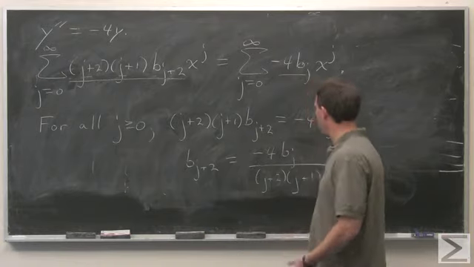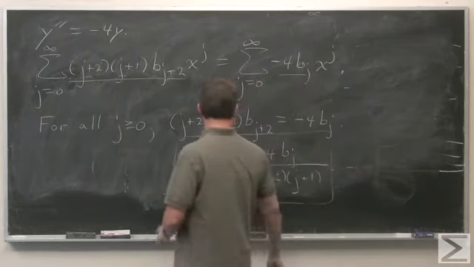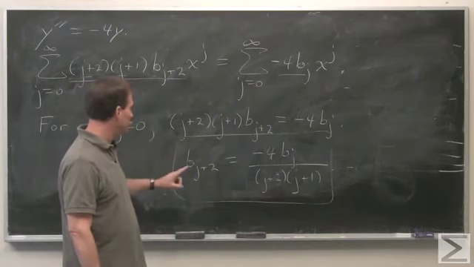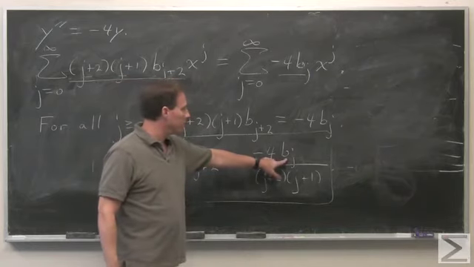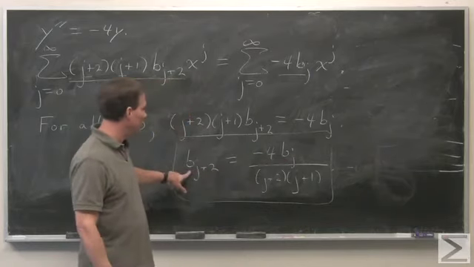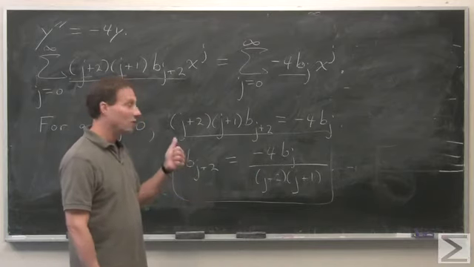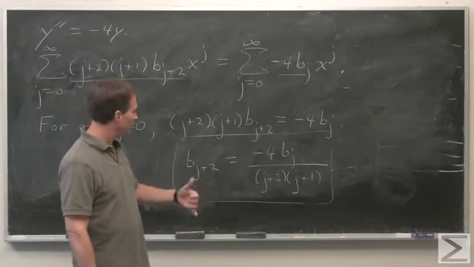All right, and that's it. Now, we don't know b sub 0 and we don't know b sub 1, but what this tells us is that every time you know a coefficient, you know the coefficient 2 bigger than that. So if we know b sub 0, we know b sub 2. If we know b sub 2, we know b sub 4. If we know b sub 4, we know b sub 6.